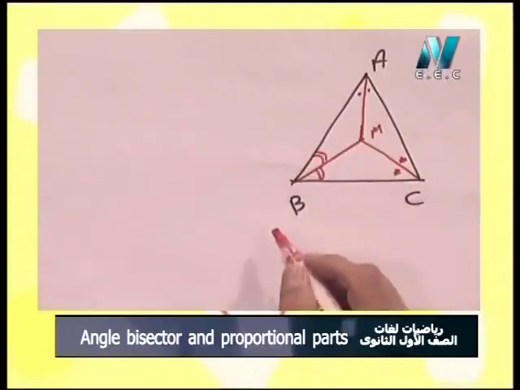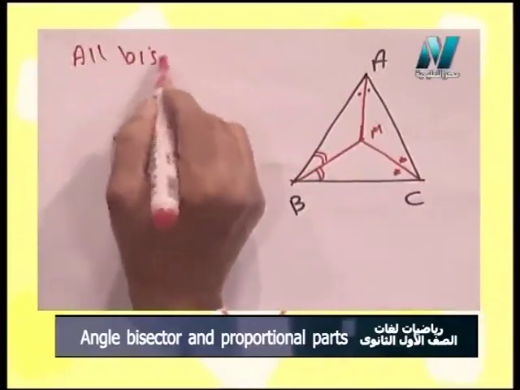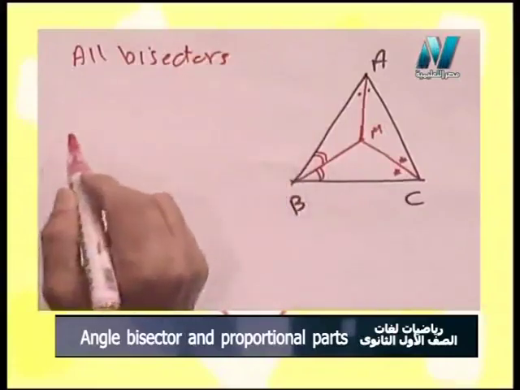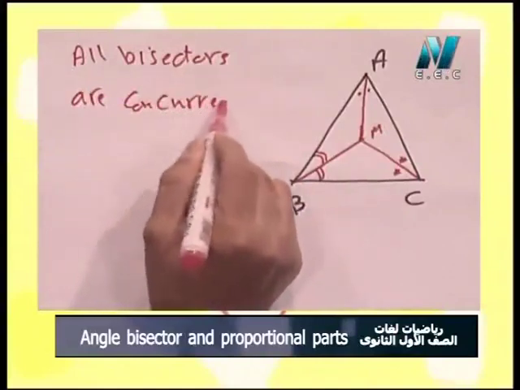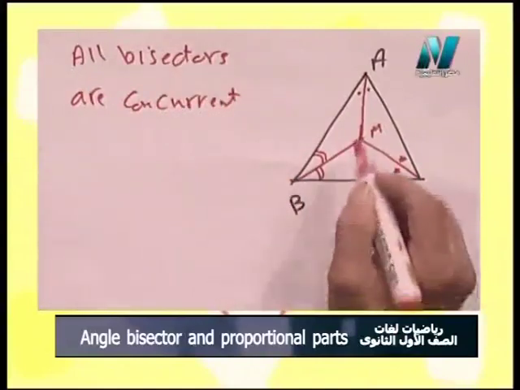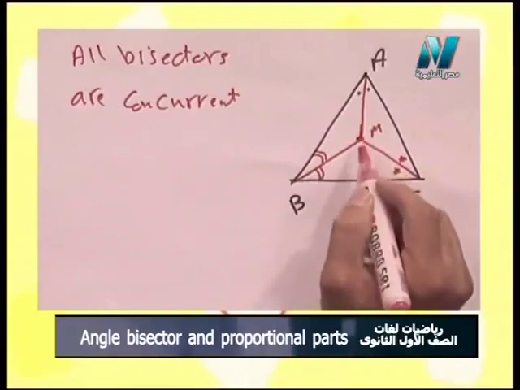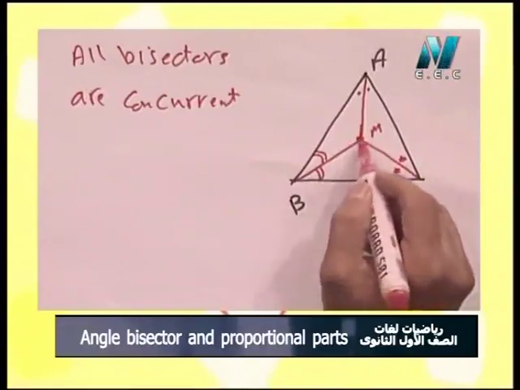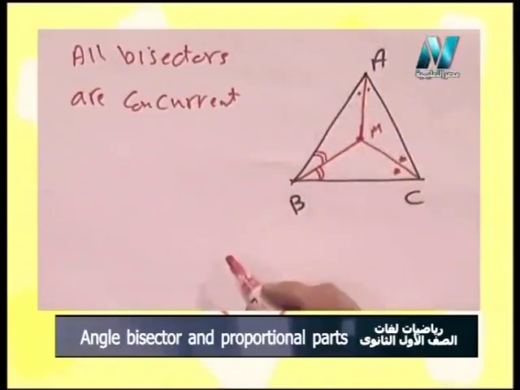So all bisectors of the angles are concurrent. What is the meaning of concurrent? Concurrent means that they will meet at one point inside the triangle here, and this point we'll call the point of concurrence of the bisectors of the angles of the triangle.